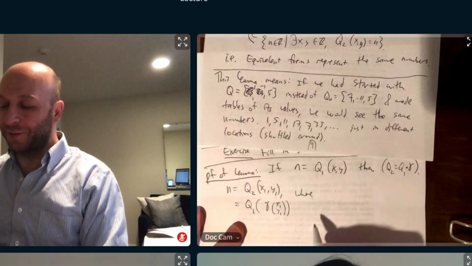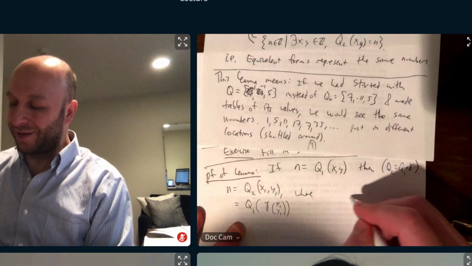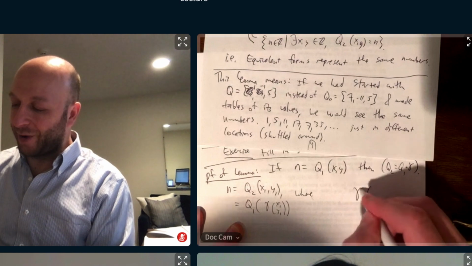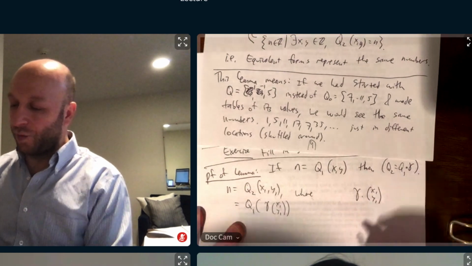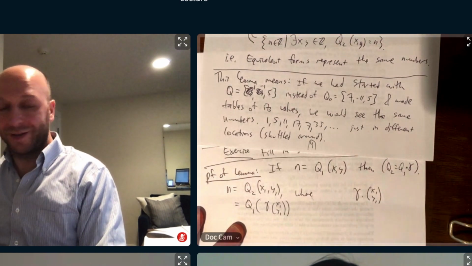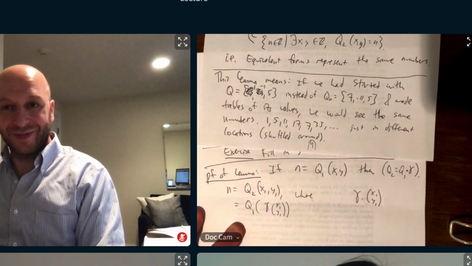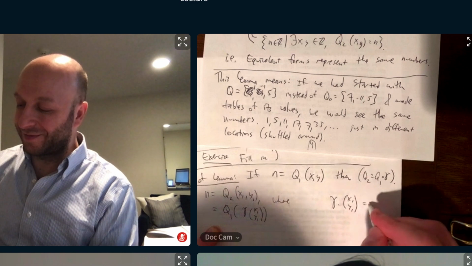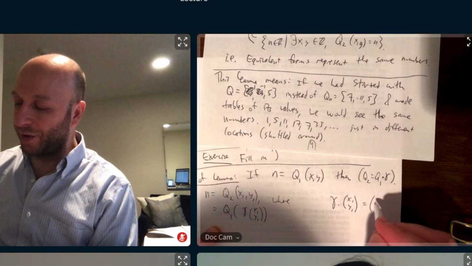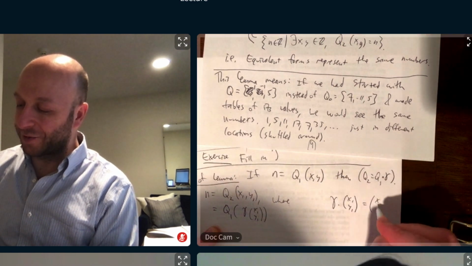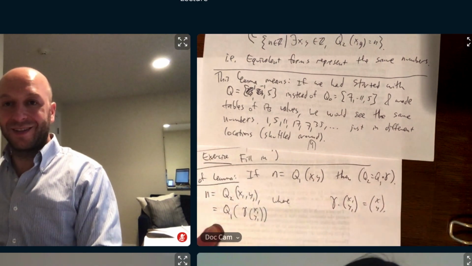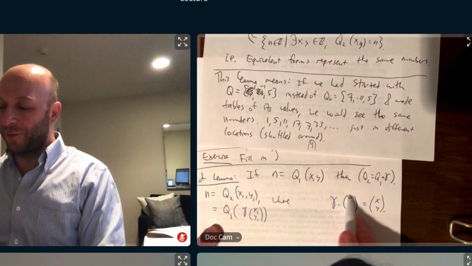So we should take x1, y1 to be where gamma times x1, y1 we want to be the original xy, equals xy. So which x1, y1 should we take?